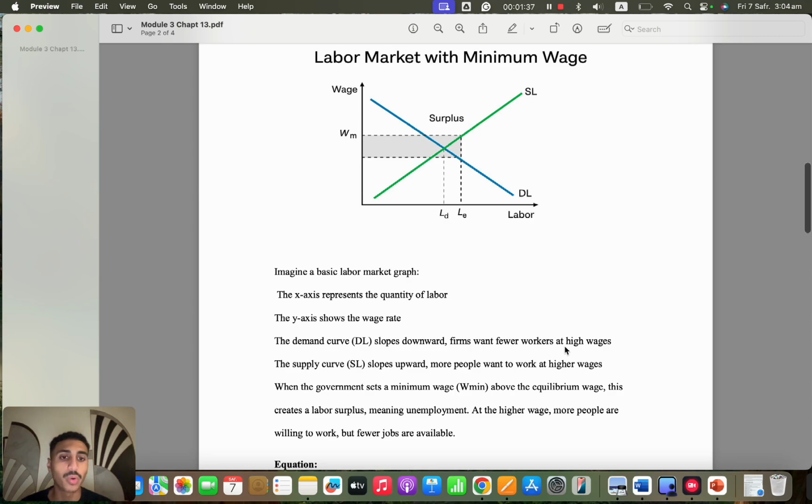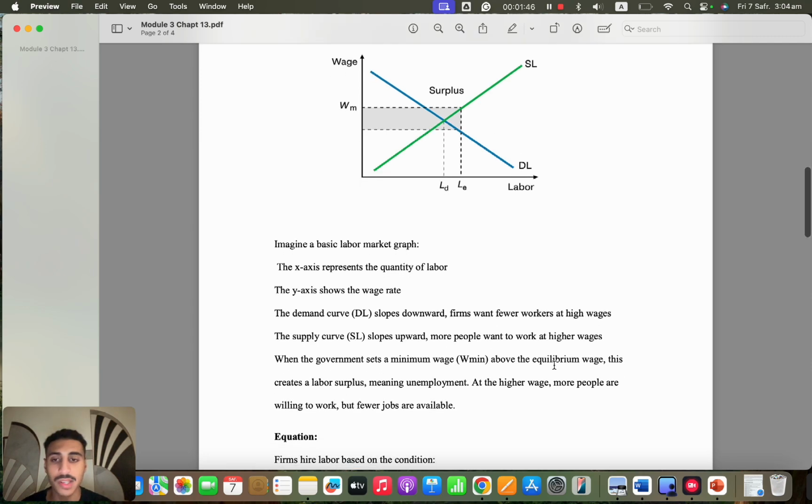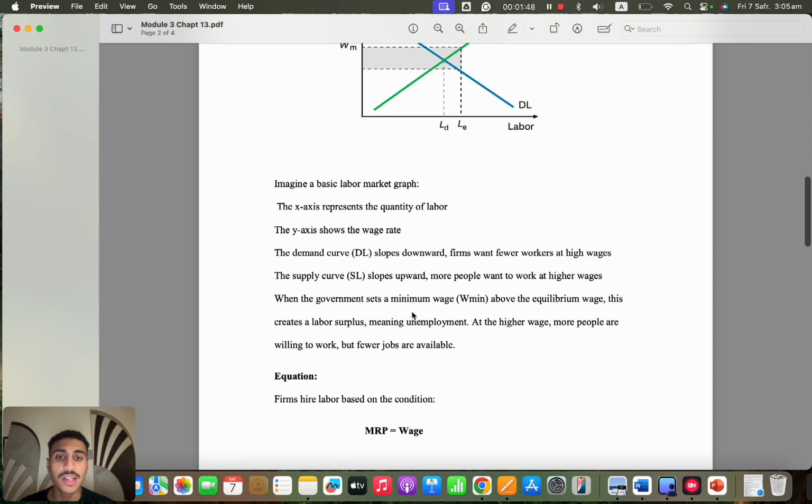Firms want fewer workers at high wages, while the supply curve, the green one, slopes upward. More people want to work at higher wages. When the government sets a minimum wage above the equilibrium wage, this creates a labor surplus, meaning unemployment. At the higher wage, more people are willing to work, but fewer jobs are available.